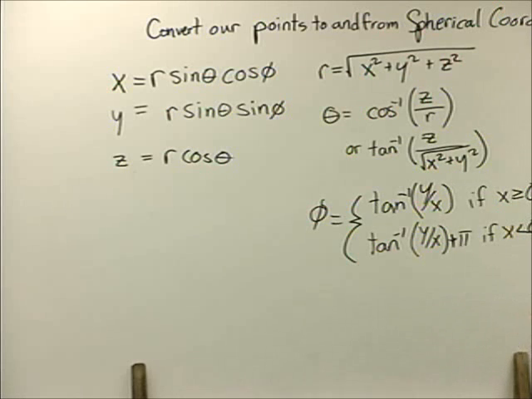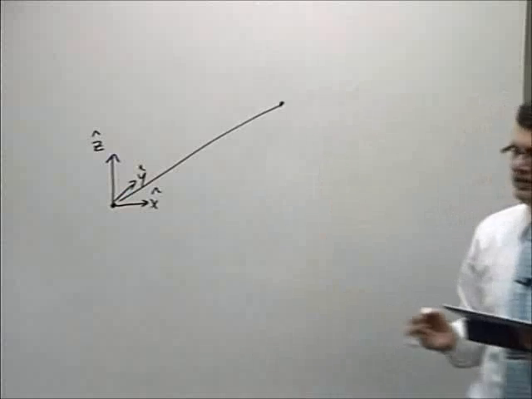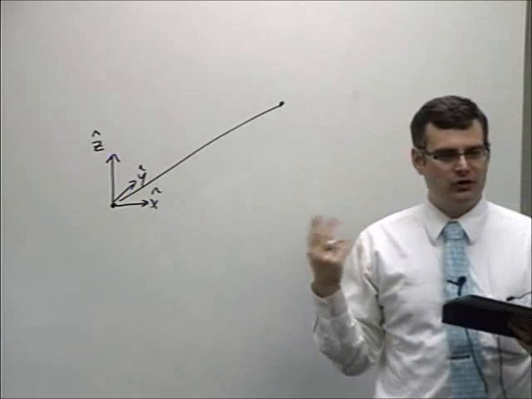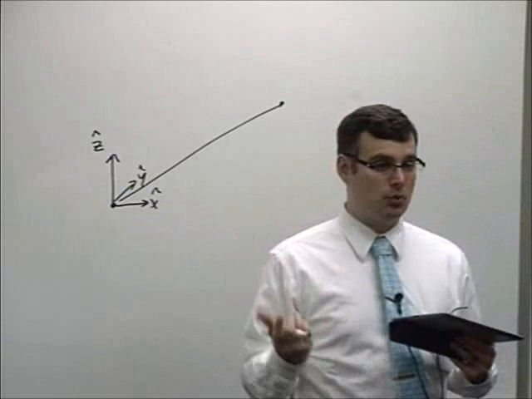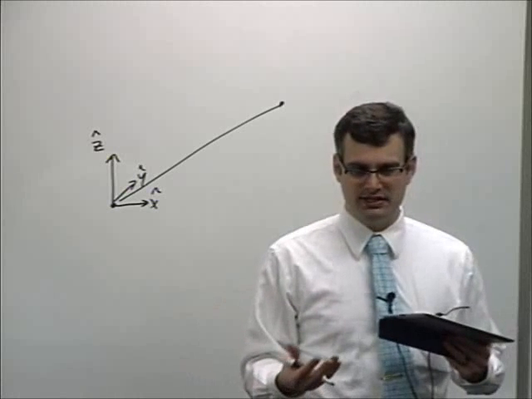Okay. Now, in our spherical coordinate system, we have 2 reasons why we need the spherical coordinate system. One is that performing integrations on spatial variables like r, theta, and phi can be a lot more convenient for some problems than the Cartesian counterparts, x, y, and z.